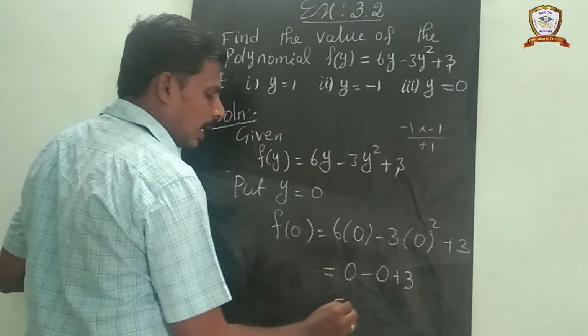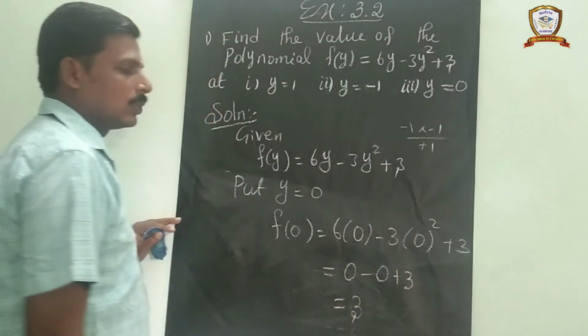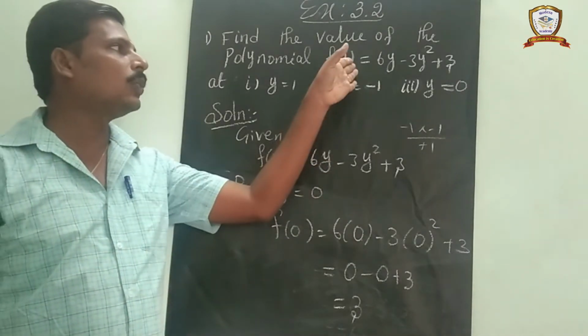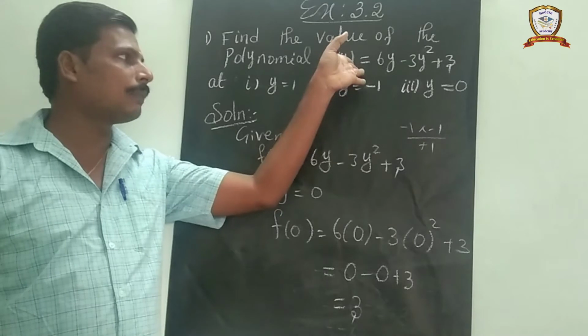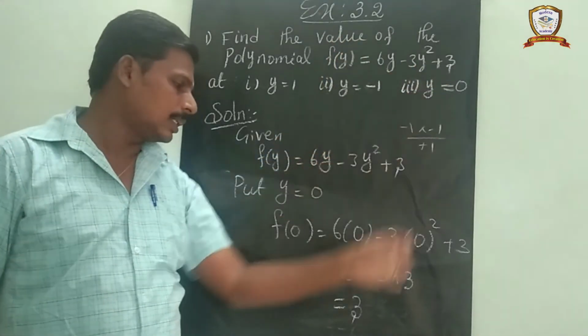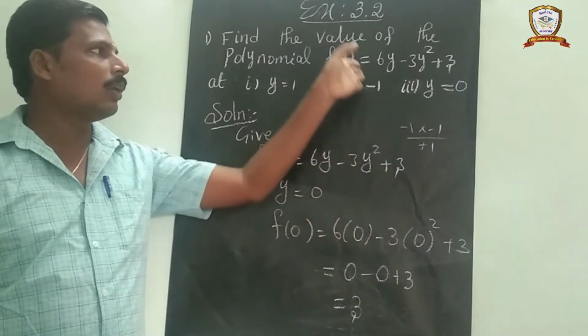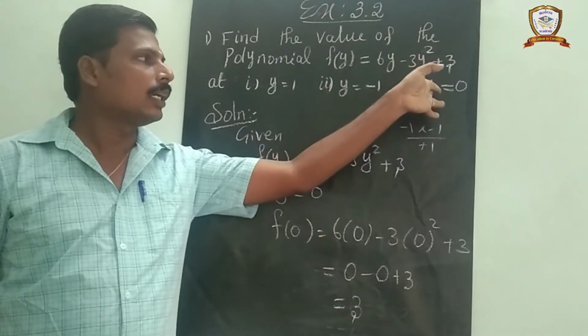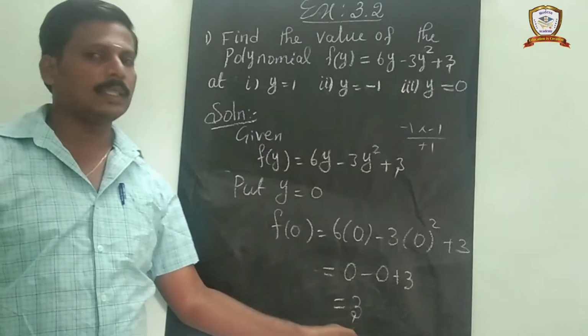So the total answer is 3. The value of the polynomial f of y at y is equal to 0 is 3.